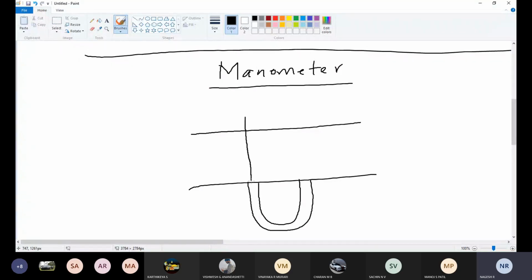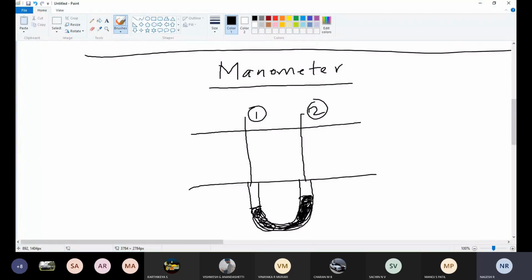I will take this as section number 1, and this point of connection as section number 2. Let me take mercury in this manometer. Only with respect to this manometer you consider the H value.